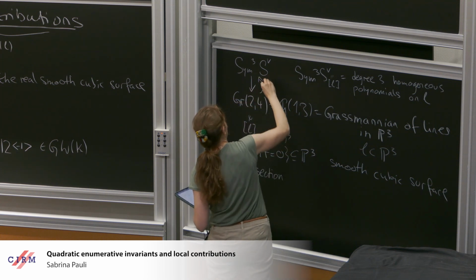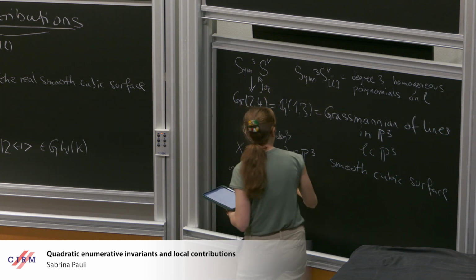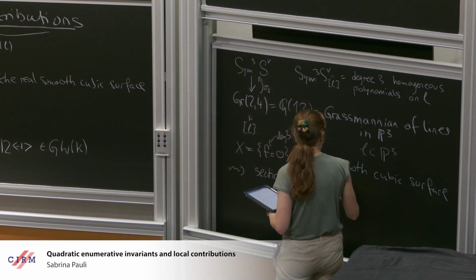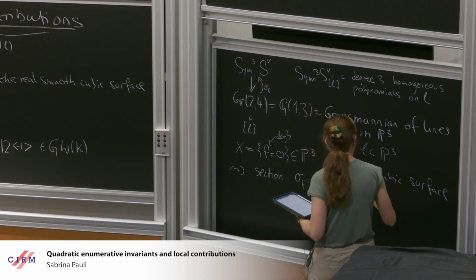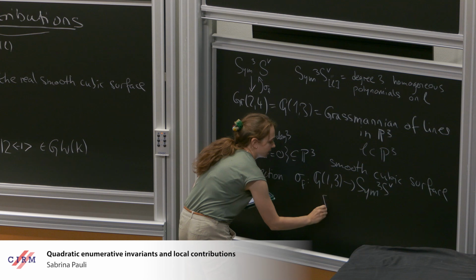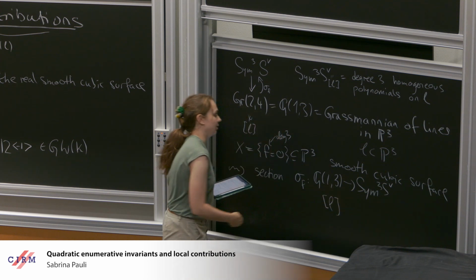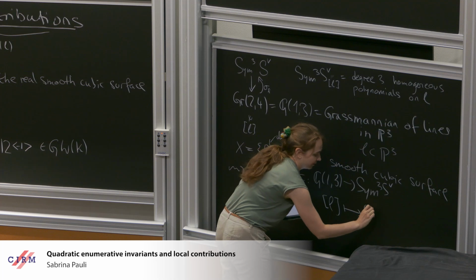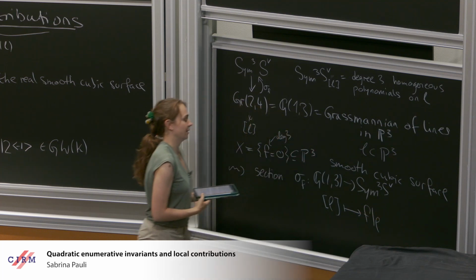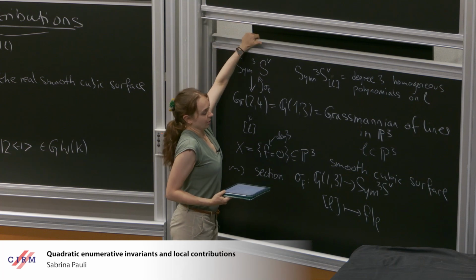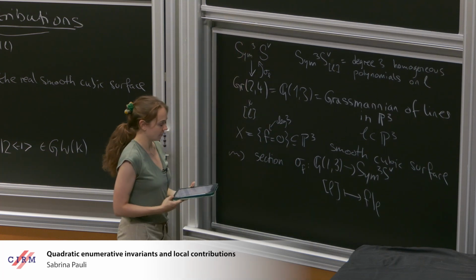Let me call this section sigma f. And what does it do? It sends the point corresponding to a line to f, which was of degree 3, restricted to the line. So we get a degree 3 homogeneous polynomial on the line.